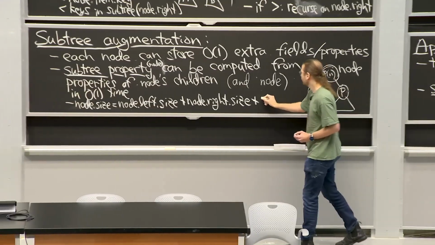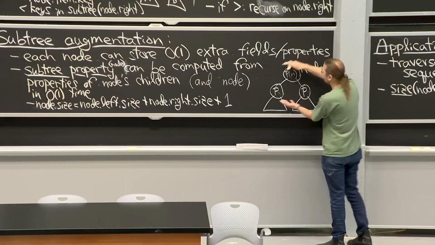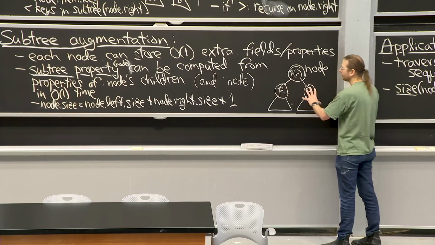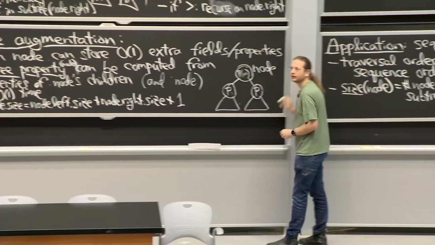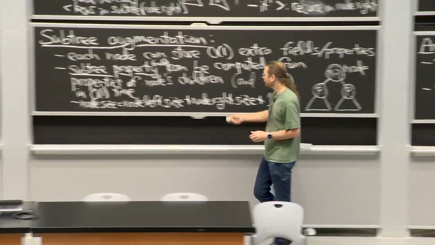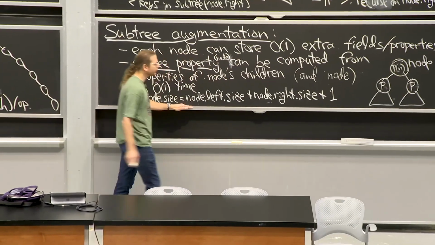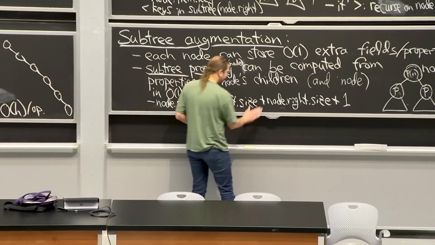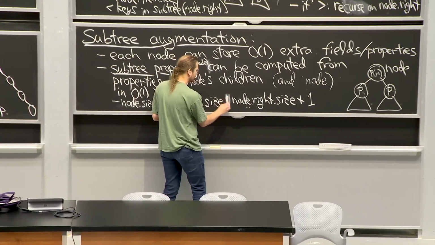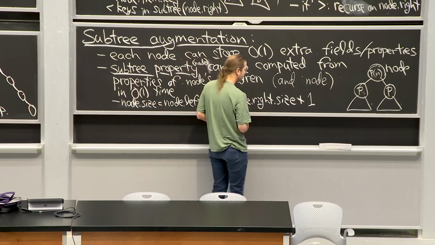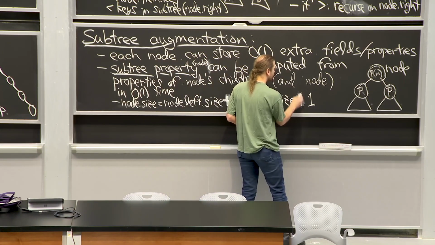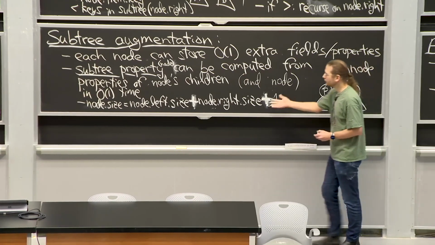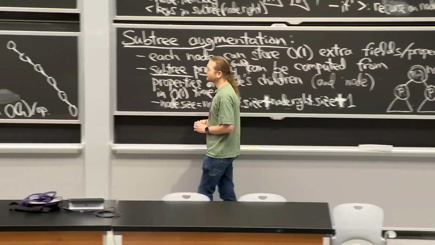Size of the entire subtree here, called node, is the size of the left subtree plus the size of the right subtree plus 1 for that node itself. So this is an update rule. It takes constant time to evaluate. It's 2 additions. Sorry, my t's look kind of like plus signs. So we're summing those 3 things. Boom, we can get node.size.